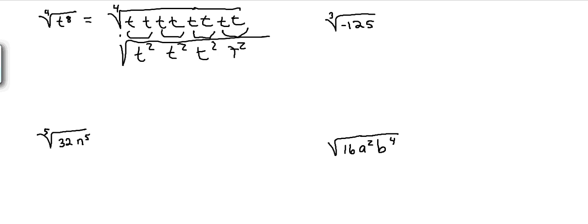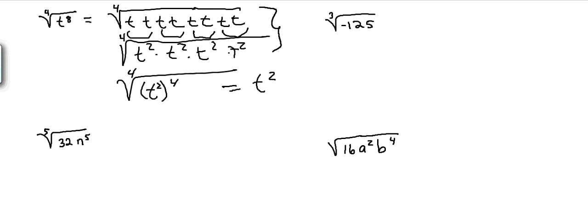So if I have the fourth root of 4 t squared, that would be the fourth root of t to the fourth, and the fourth root of anything to the fourth power is going to be equal to whatever's inside the radical sign, and so that is t squared.